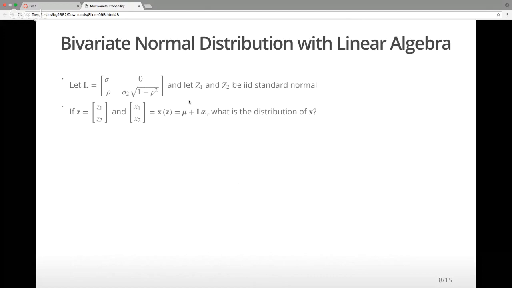If we let z1 and z2 be independent and each standard normal, collect those into a vector of size 2 and have a corresponding vector of size 2, x1 and x2, that is a function of z, namely the function mu plus L post-multiplied by z, then what's the distribution of x going to be?